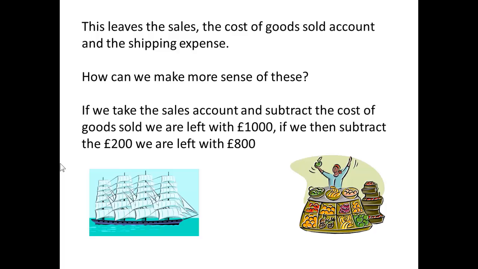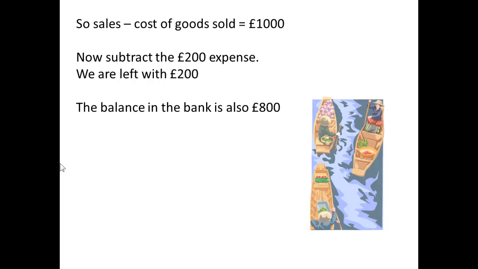Okay, let's see if we can make more sense of this. If we take the sales account and subtract the cost of goods sold, then we're left with £1,000. We then subtract the additional £200 for expenses, the shipping expense, and we're left with £800. So the sales minus the cost of goods sold is £1,000.